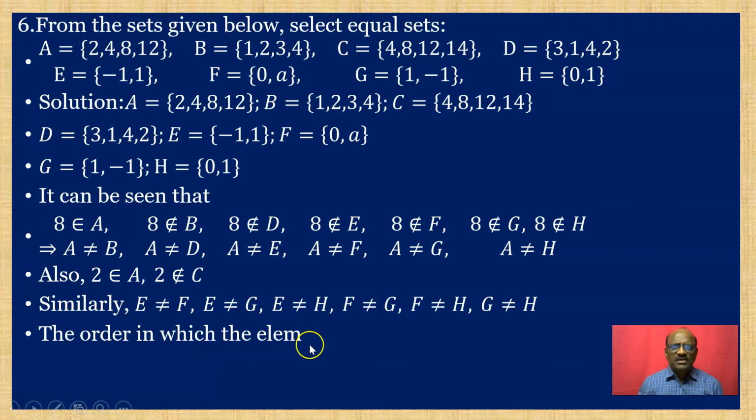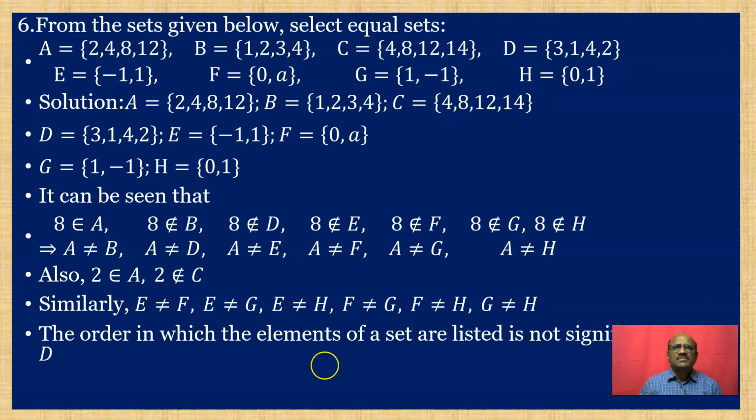It's very simple. The order in which the elements of a set are listed is not significant. One thing is that we can find out which are the equal sets, and then all the remaining are not equal. Okay. Here B is equal to D. B and D, these are the equal sets.